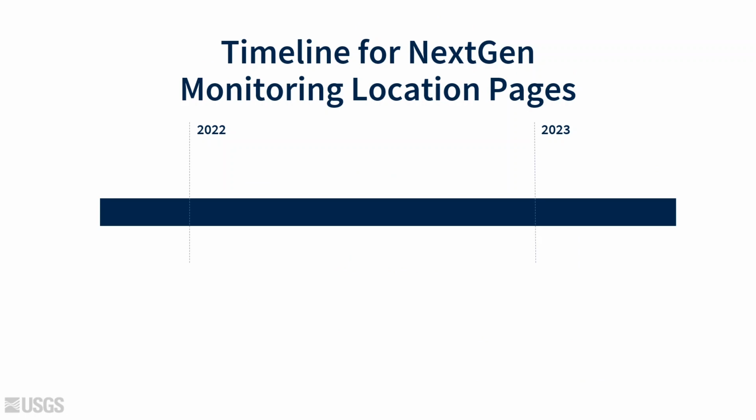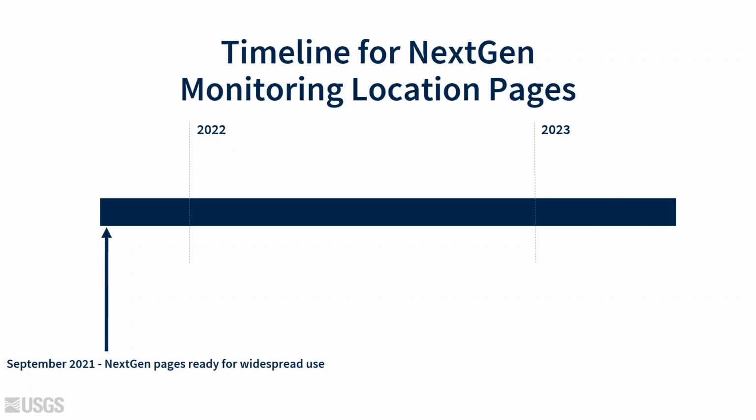Next-gen pages are fully accessible now as of September 2021. We're encouraging traffic to be directed to the next-gen pages over NWIS Web's legacy pages, and next-gen pages will be linked to from other USGS websites. Search engines will prioritize next-gen pages over legacy pages in search results.